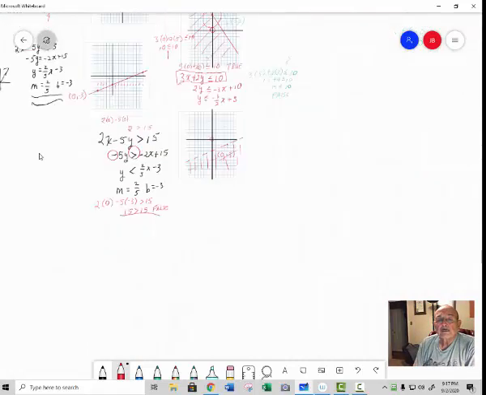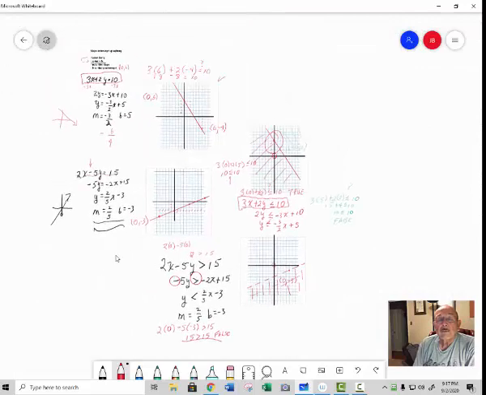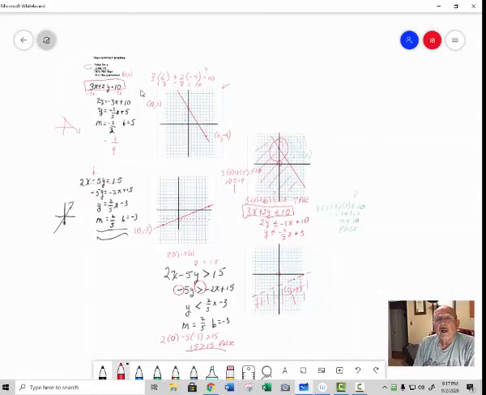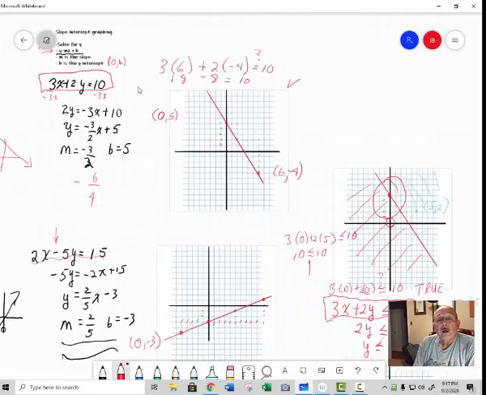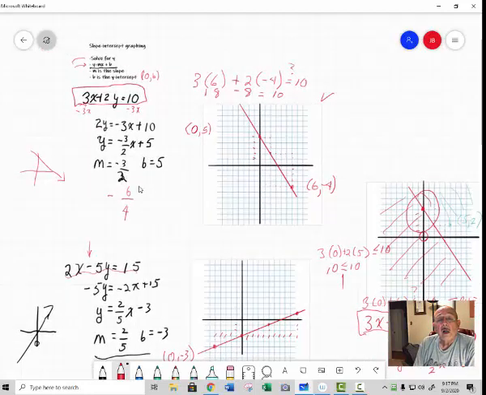Here's my slope right here, here's my y-intercept right here. You can plot the y-intercept simply by going up or down on the y-axis. In this case it was up 5, in this case it's down 3. Plot the slope. Remember that's a negative, so I'm going to go over 2 and down 3. On this one, I've got a positive slope, so I'm going to go over 5 and up 2. That one climbs, this one falls.